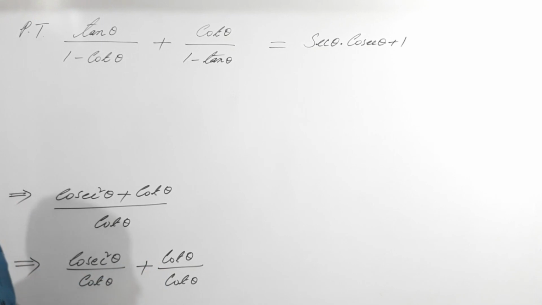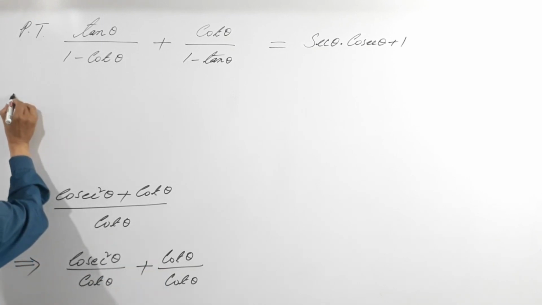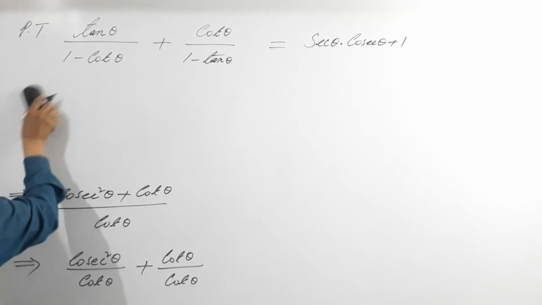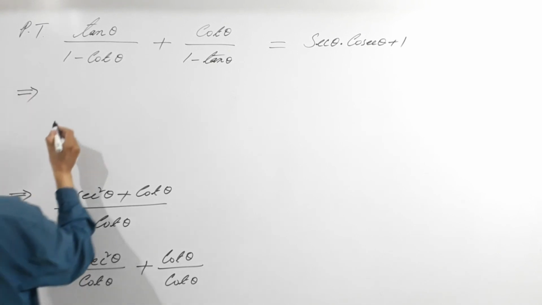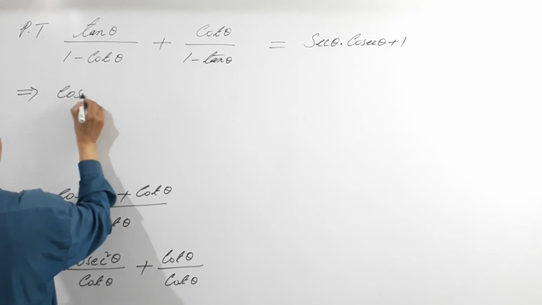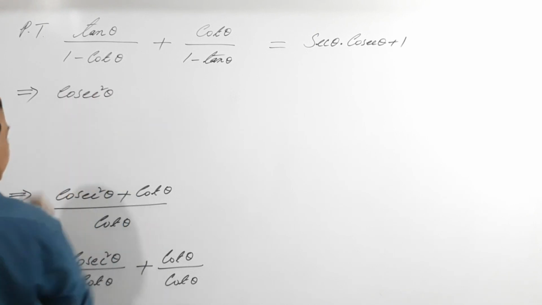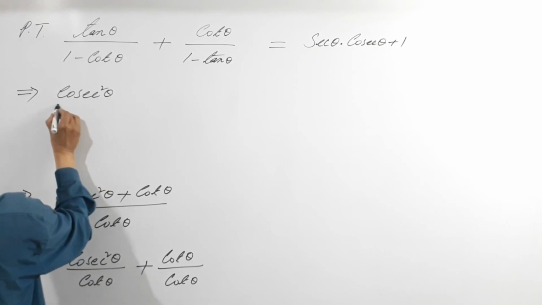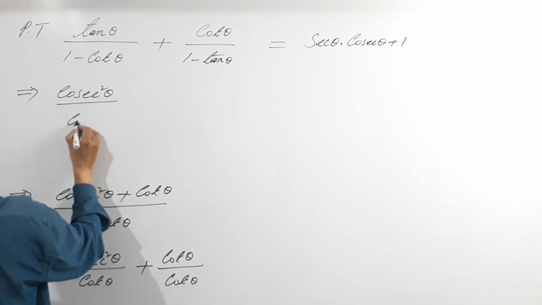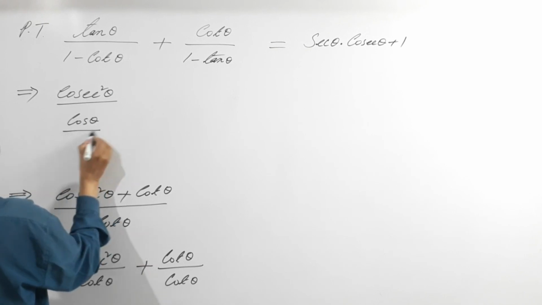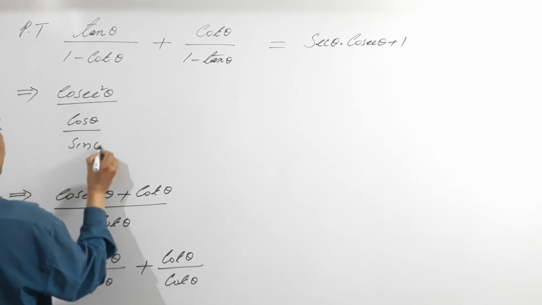Cot theta by cot theta is 1. So cosecant square theta divided by cot theta, I will write cos theta by sin theta.